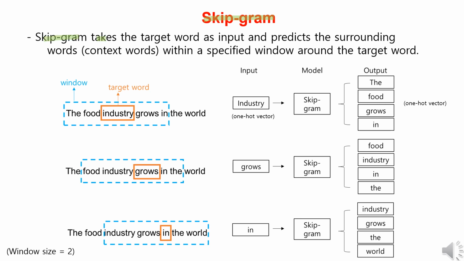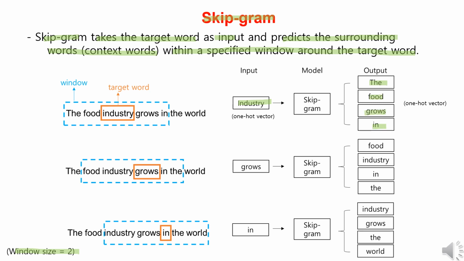It takes the target word as input and predicts the surrounding words, context words, within a specified window around the target word. Using the example sentence mentioned earlier with a window size of 2, starting from the word industry, it would predict words like the, food, grows, and in.